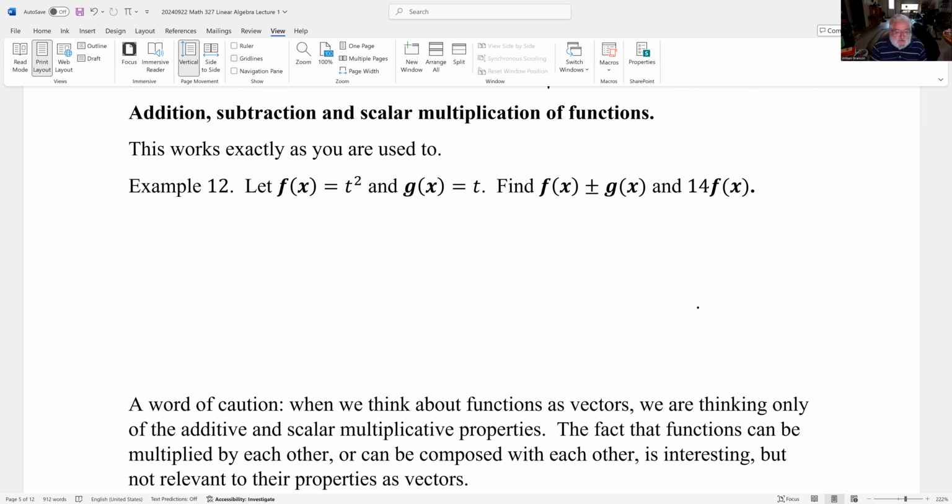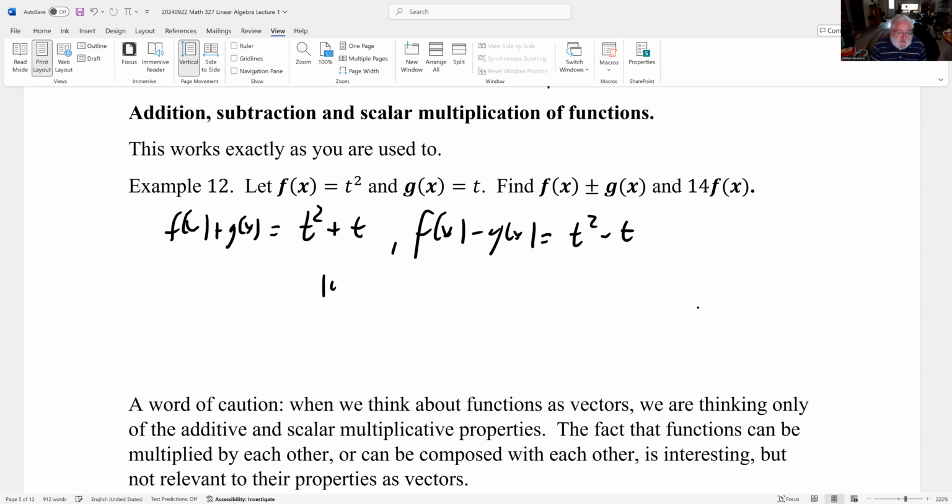Well, what's f of x plus or minus g of x? That's t squared plus t is f of x plus g of x. f of x minus g of x is t squared minus t. And 14 times f of x is just 14t squared.